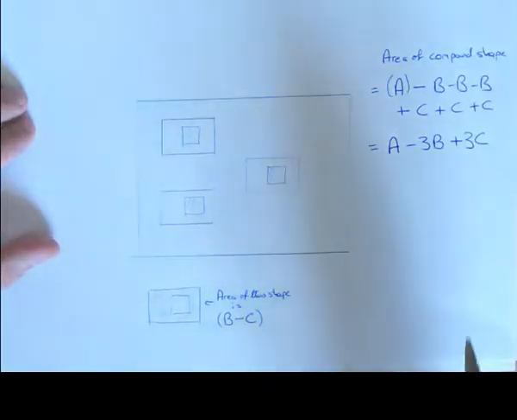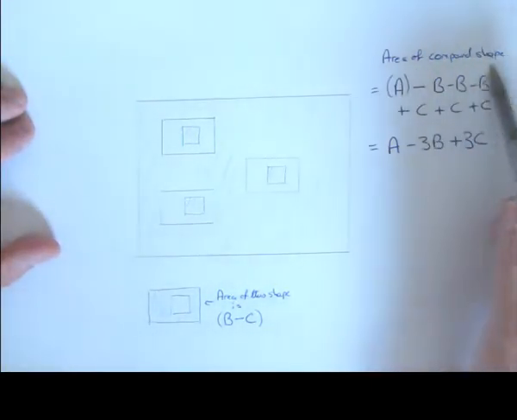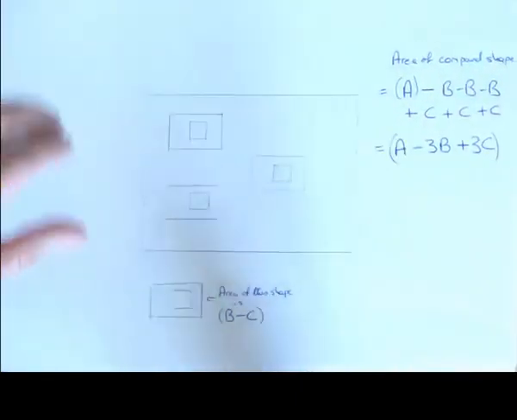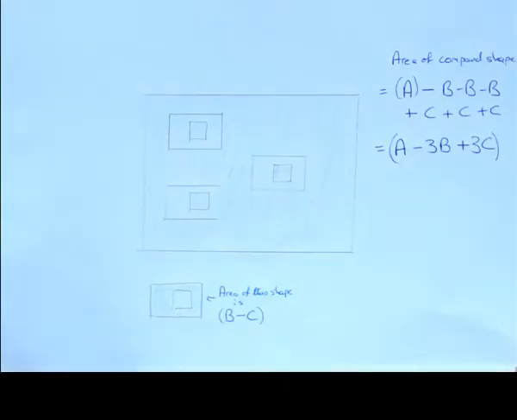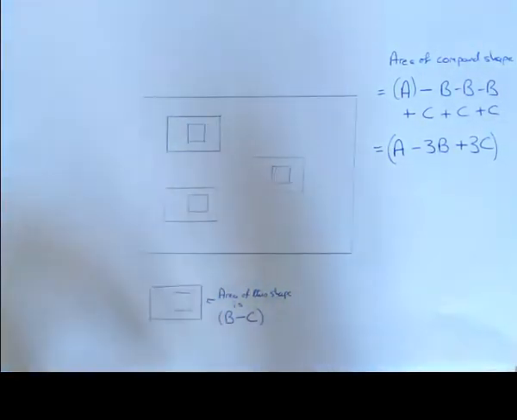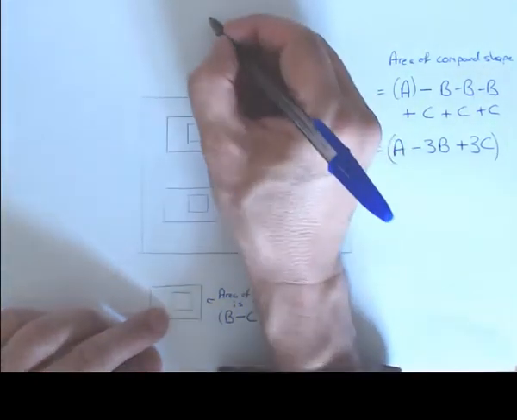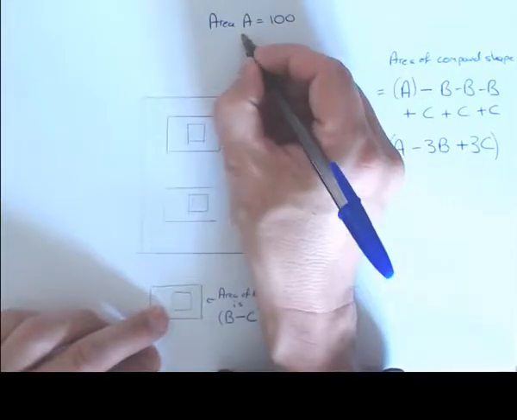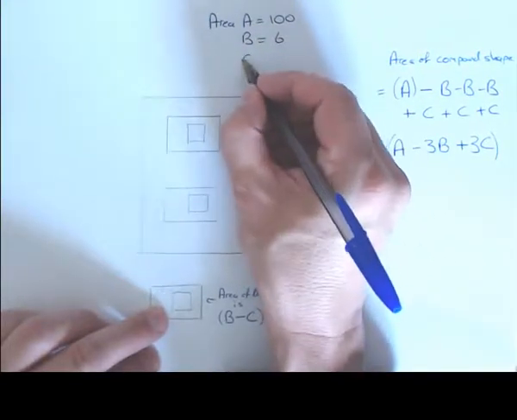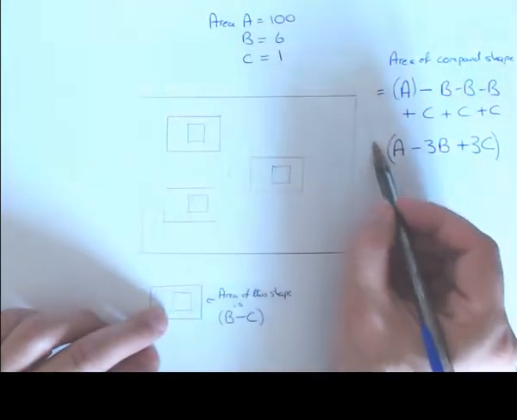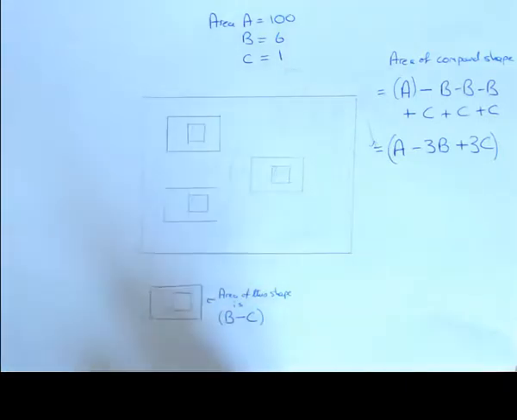Now, when we have some value for something, this is the area of a compound shape, we put that whole thing in brackets, so we know that everything inside the brackets is the area of this shape. Now from substitution, you will know that when we're told that the area A equals 100 square centimeters, that the area B is equal to 6 square centimeters, and the area C is equal to 1 square centimeter, then we can put that into our formula and work out what the actual area is in square centimeters.